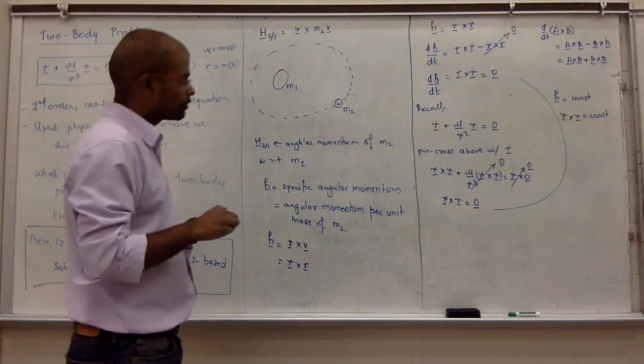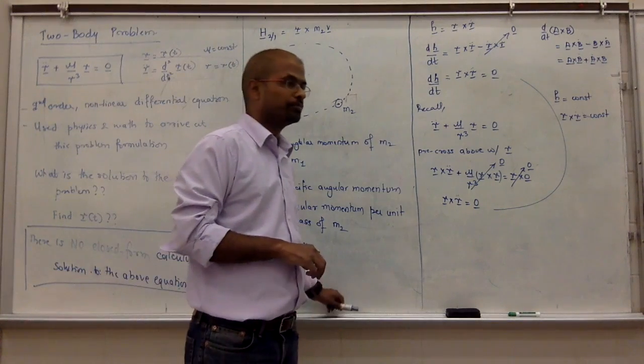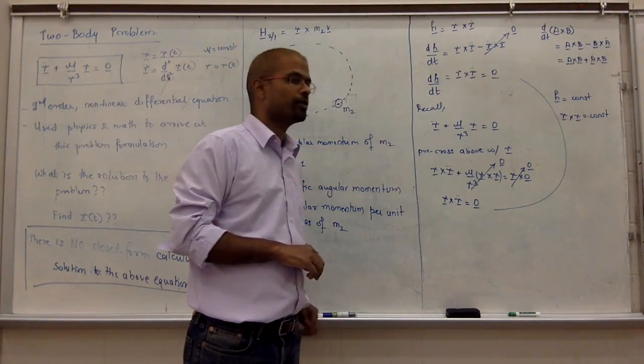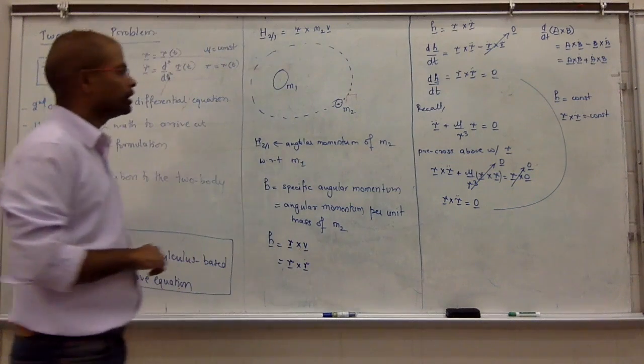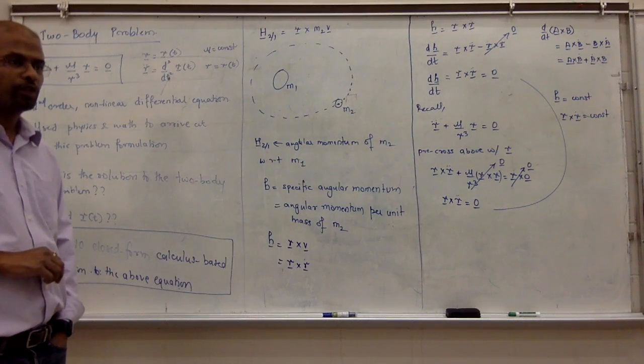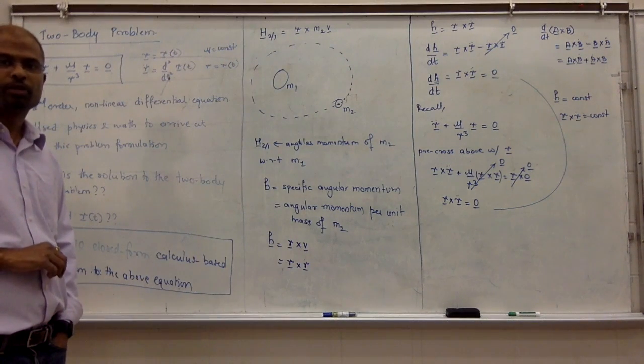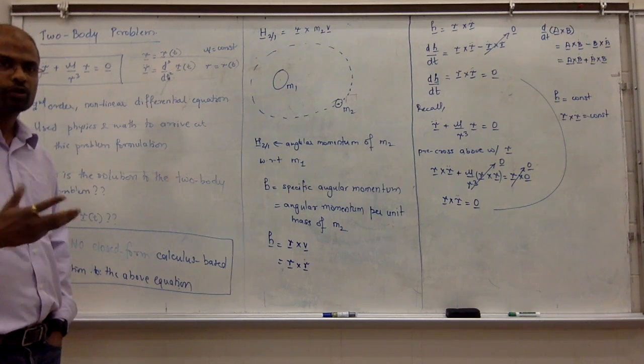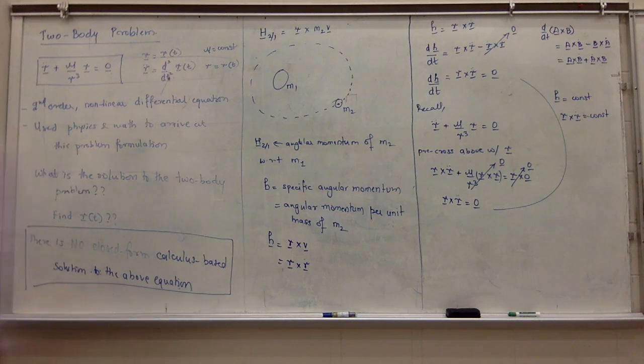Such derivations will be part of your exam. It's a very simple derivation. I'll say, starting with the two-body problem statement, prove that angular momentum is conserved. So where do you start? Where is the two-body problem statement? Right, you will start here.